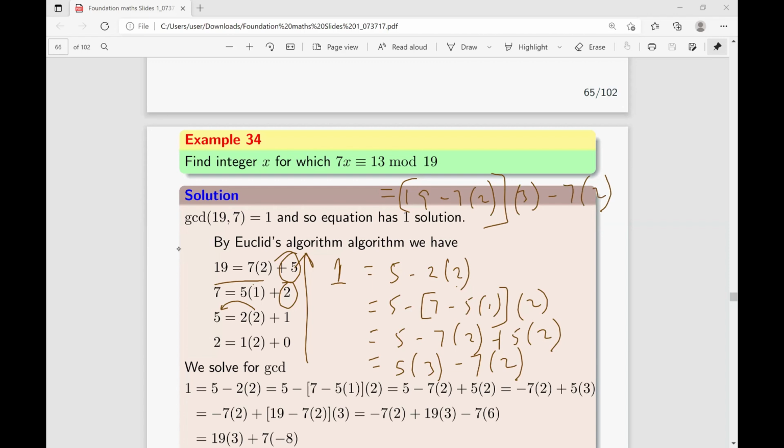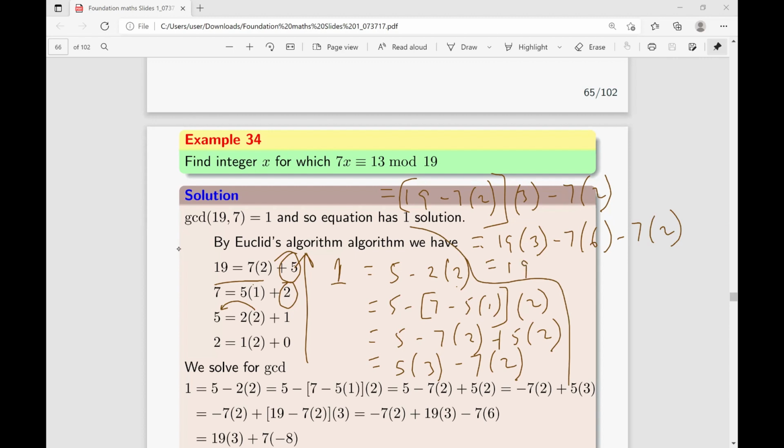When you do that, you get 19 multiplied by 3 and 7 multiplied by 6 and then negative 7 multiplied by 2. Is that okay? Collect like terms.